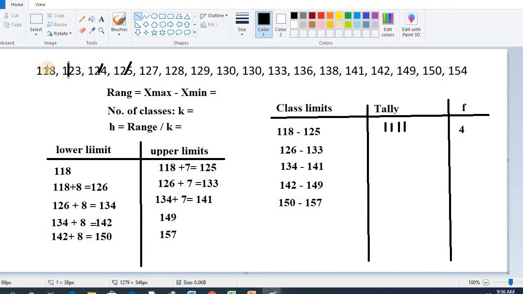So from here it is clear. Now from 126 to 133: 1, 2, 3, 4, 5, 6, till this one. 6 values we have in this class.